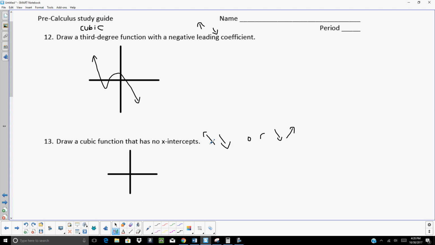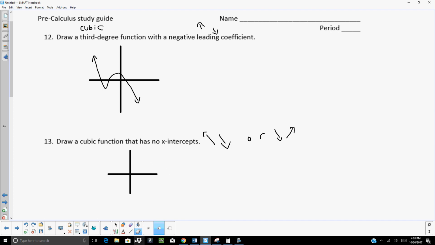So there is no way that you can draw something without crossing the x-axis. And in the past, I've had students ask, well, what about this? They draw something that looks like that. They're like, that's not crossing the x-axis. Well, it really is, because you've got an arrow there that's going to keep on continuing down.